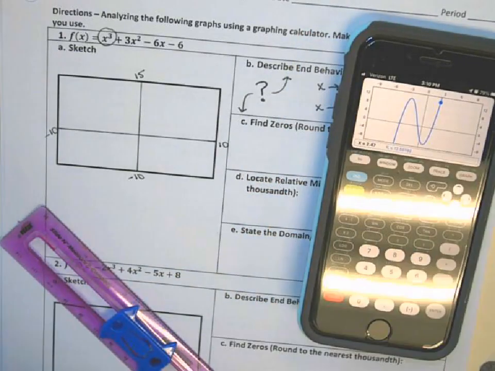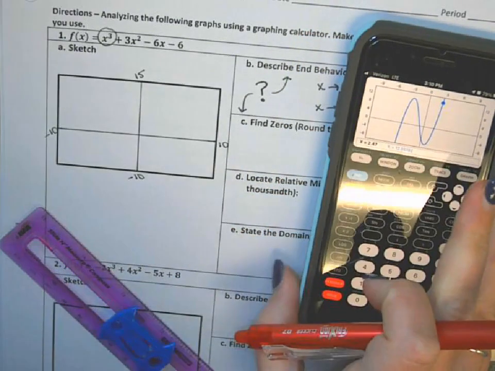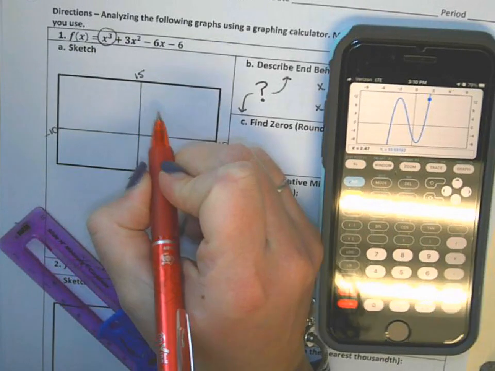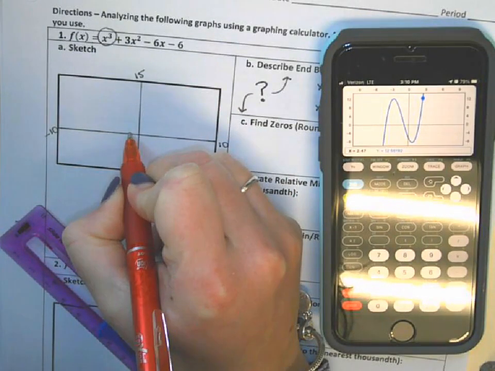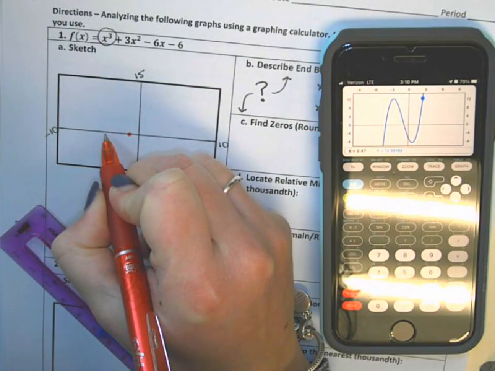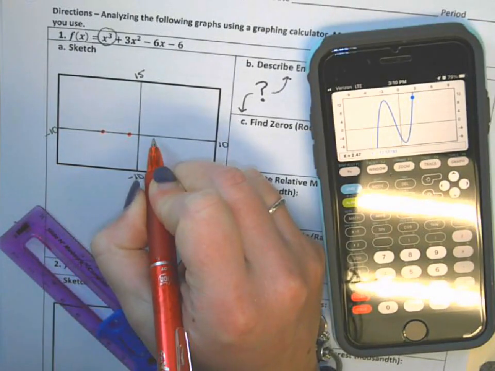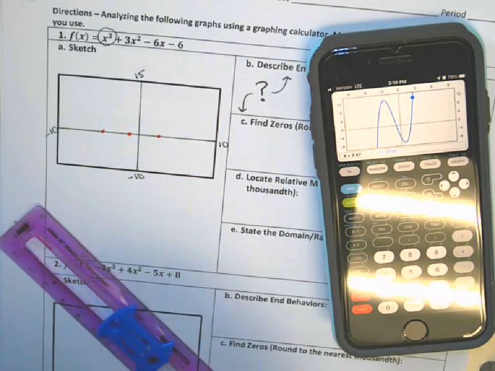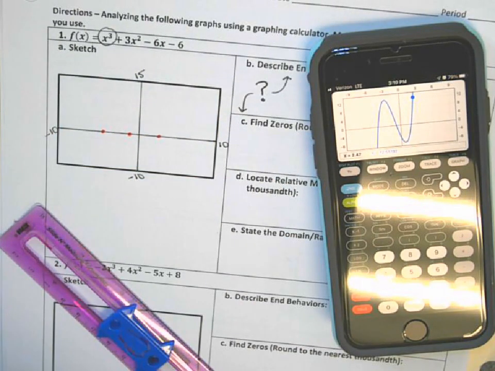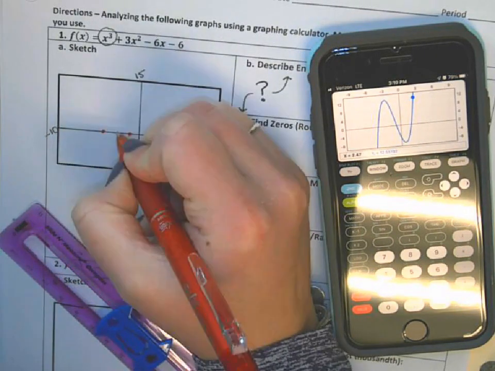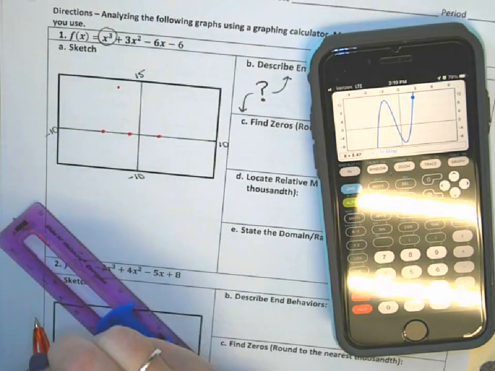One of the ways that I would suggest sketching it is to put where your zeros are. So I have a 0 about here, and I have a 0. It looks like it's not quite halfway. And then about a quarter of the way here. I can also see that I have a maximum in between these, way up here.